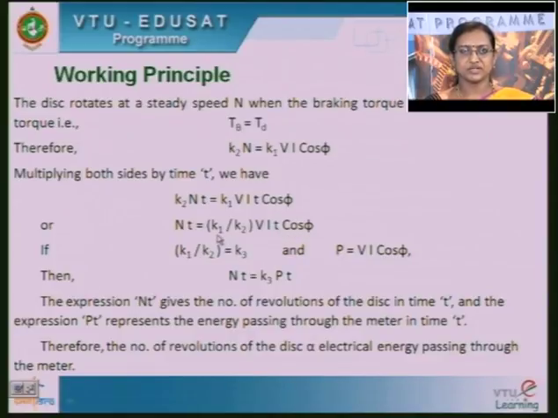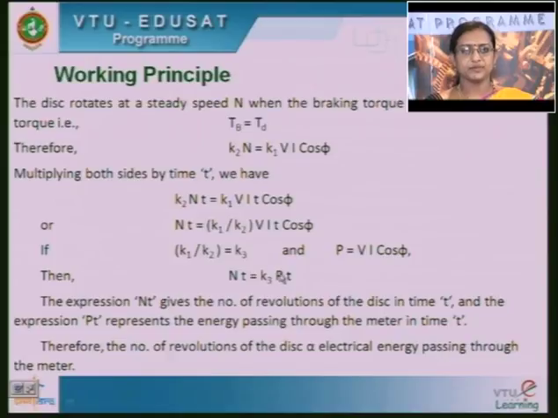Since K1 and K2 are both constant, we can consider it as one more constant, K3. And we know that P is equal to VI cos phi. See the left hand side, it is the number of revolutions multiplied by time, that is equal to constant K3 into VI cos phi, which is power, multiplied by T.